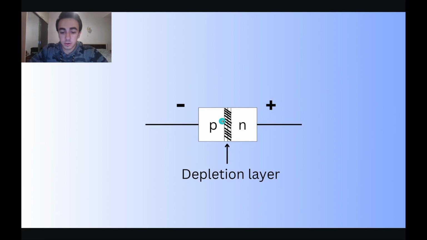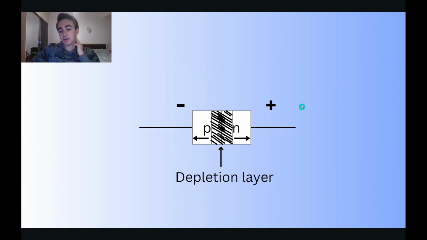Here, holes from the p-type semiconductor are filled with the surplus electrons from the n-type semiconductor. And by creating this layer, the electrons from the n-type semiconductor don't possess enough energy to jump over it and fill the holes.